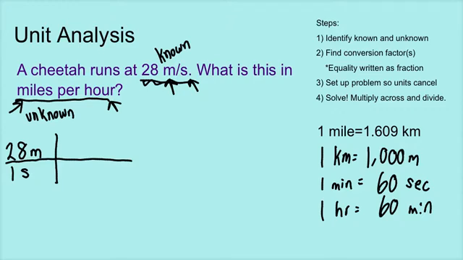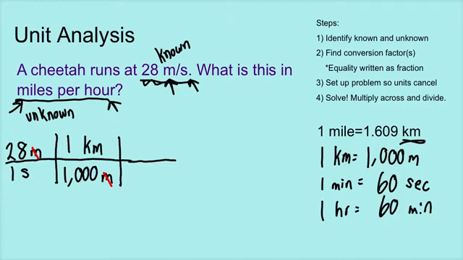I'm going to go ahead and deal with the meters first. First, I need to convert the meters to kilometers because that's what I have to convert to miles. So I want the meters to cancel out. There are 1,000 meters in 1 kilometer. Okay. At that point, meters and meters would cancel out. I have how many kilometers per second it would take.